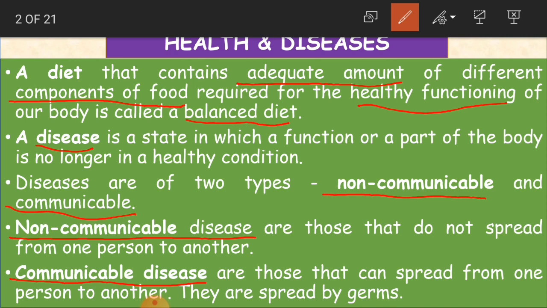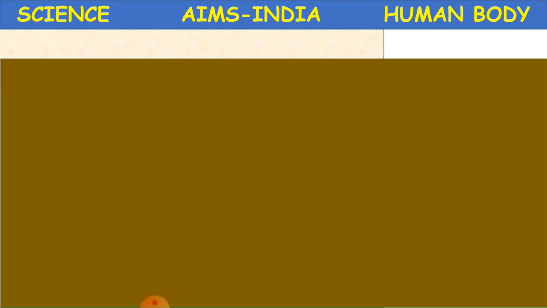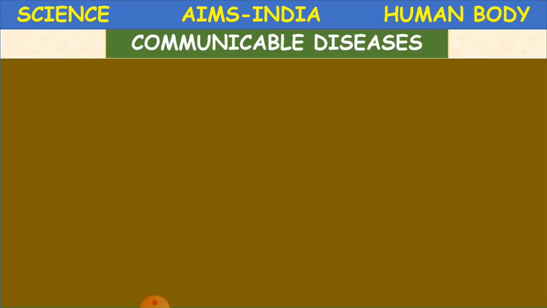For example, right now we are facing a very difficult disaster, that is coronavirus. It is a communicable disease. Like this we have some other diseases which spread from one person to another by germs. Okay children, so diseases are of two types, communicable and non-communicable.